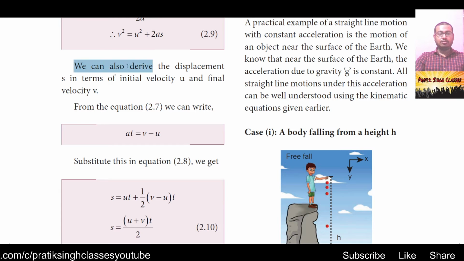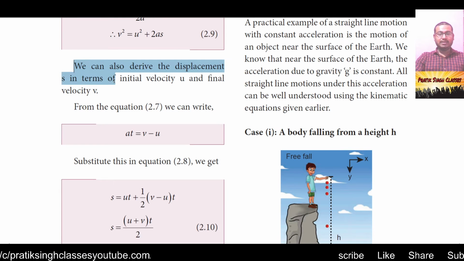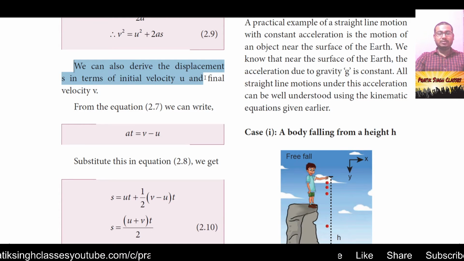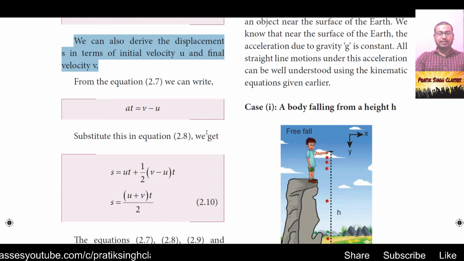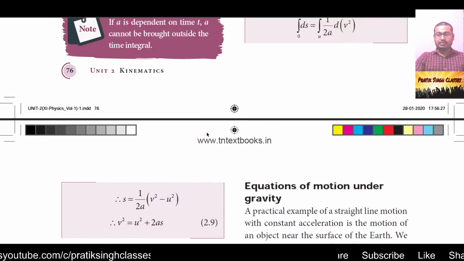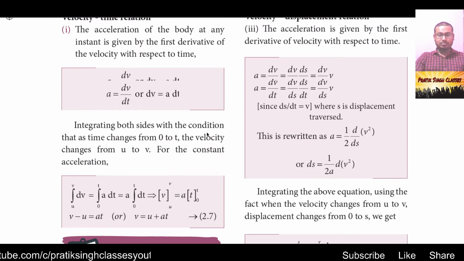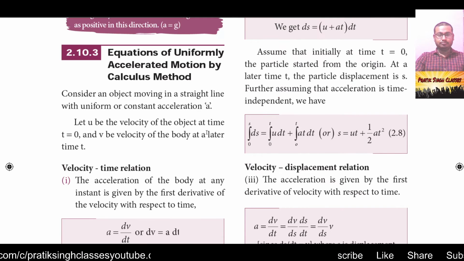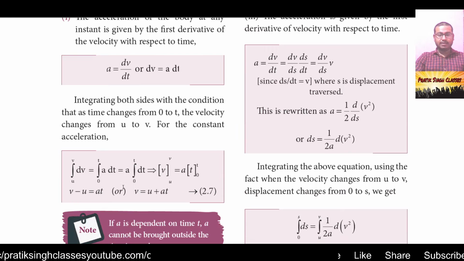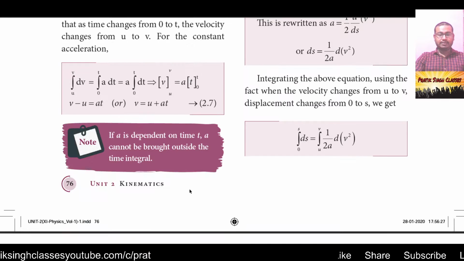We can also derive the displacement s in terms of initial velocity u and final velocity v. As in equation 2.7, let us see once again what was equation 2.7. Here v = u + at.